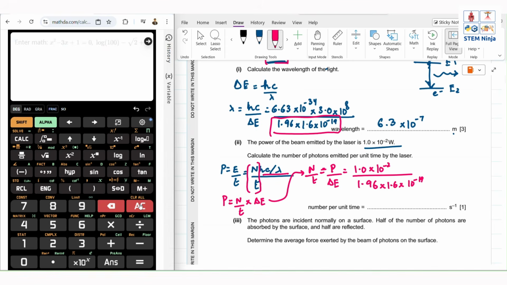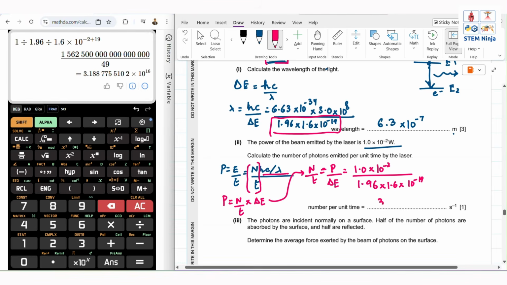So we get 1 divided by 1.96 divided by 1.6 times 10 raised to power minus 2 plus 19. So we get 3.188, or 3.2 × 10 raised to power 16 per second.